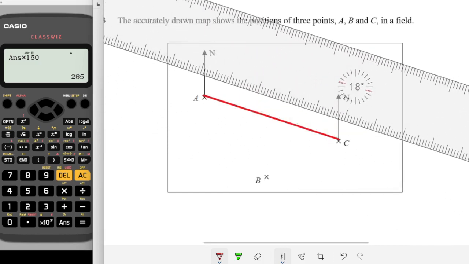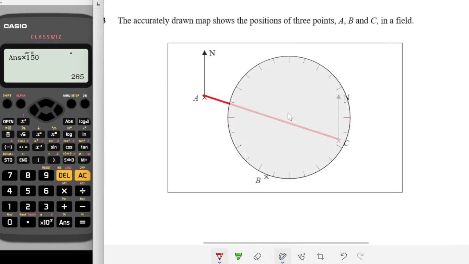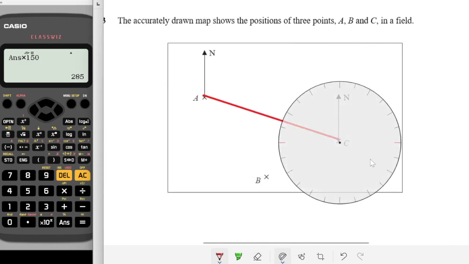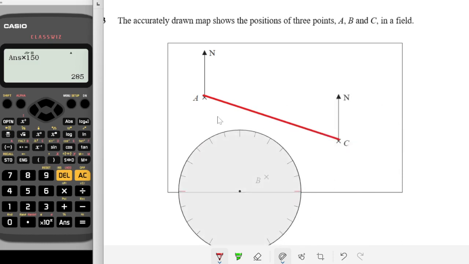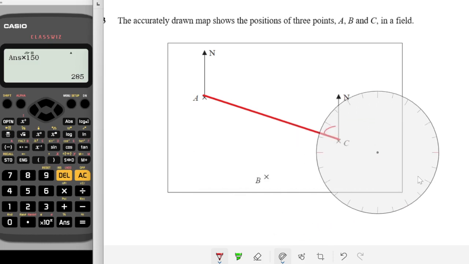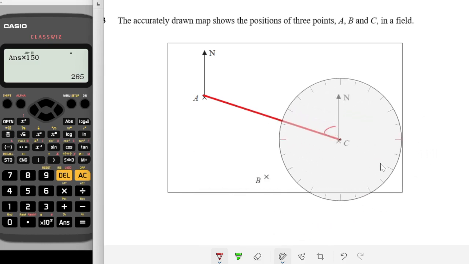Realistically, you've probably only got half a protractor. I can actually measure that full angle, but I'm going to pretend that I've only got half a protractor, so I'm going to measure this angle here.